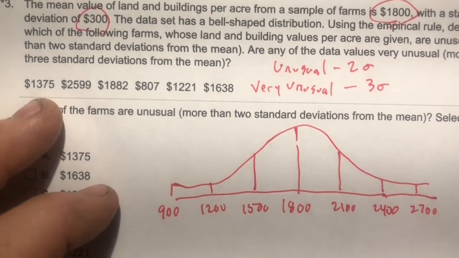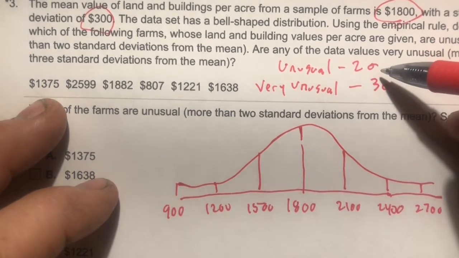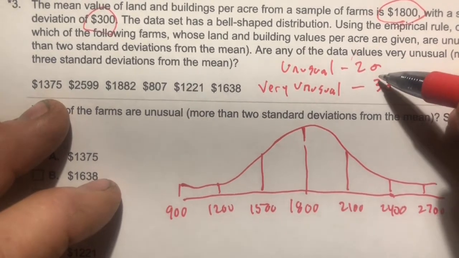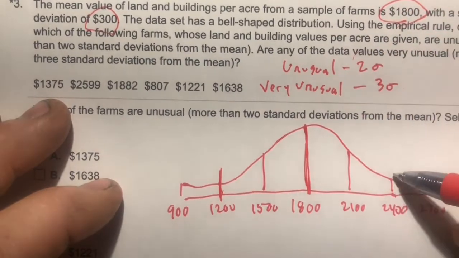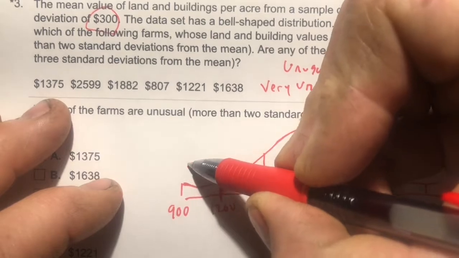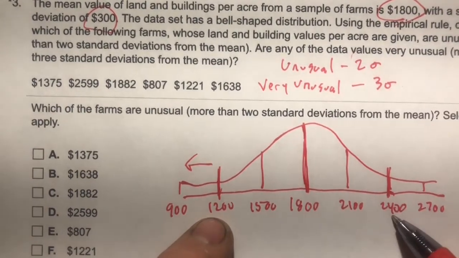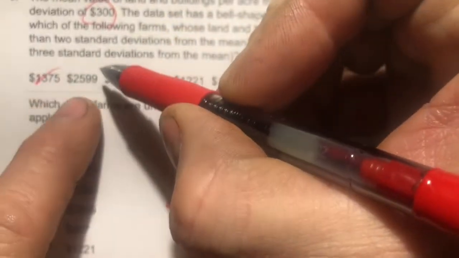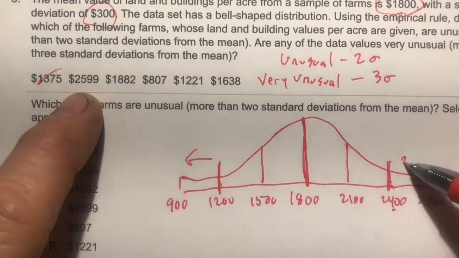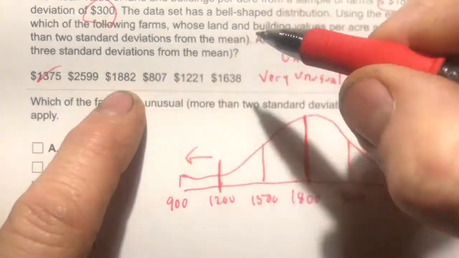So, unusual would be outside of 2 standard deviations. So from the center here, here's 2 standard deviations right here. So outside of these, less than 1,200 or more than 2,400. So this one's not in there. This one's $25.99. That's right here. We've got 1882.